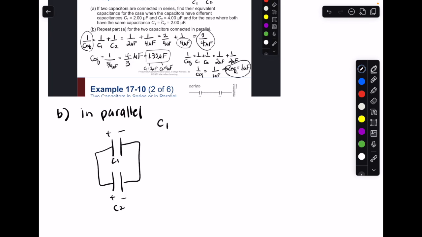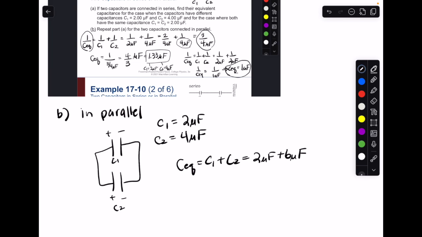So let's find C1 is equal to 2, C2 is equal to 4. Now when we add the capacitors in parallel, life is much easier, okay? They add together straight away. So we can see off the bat it's going to be 6.